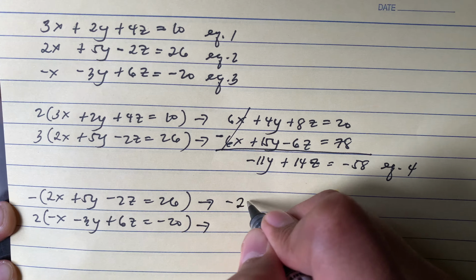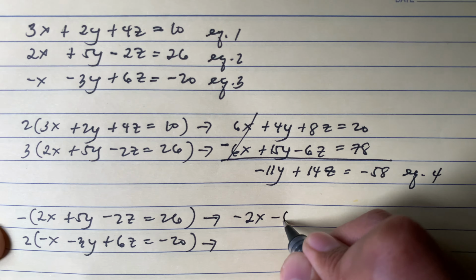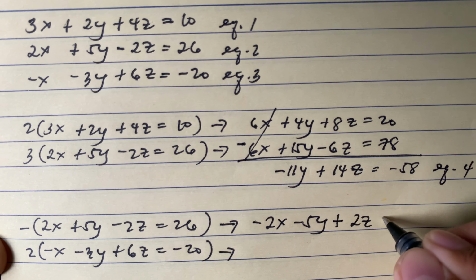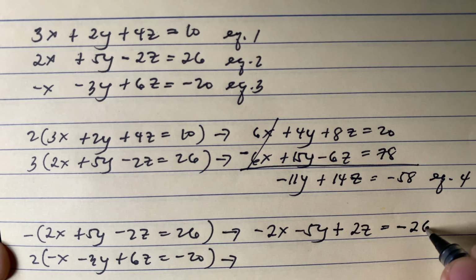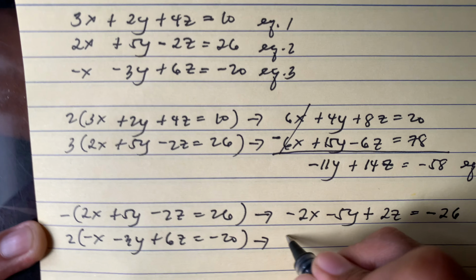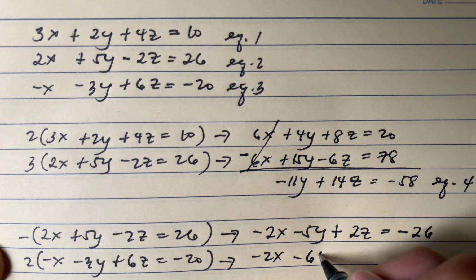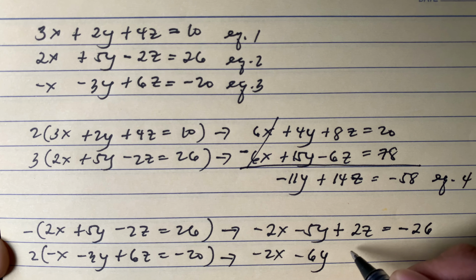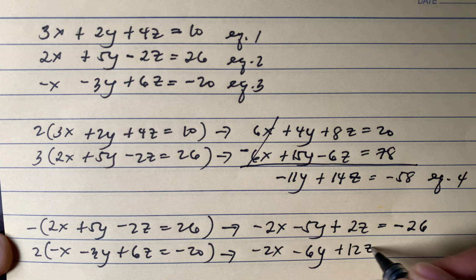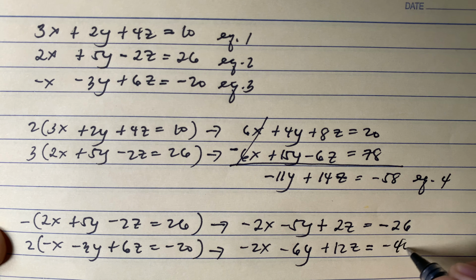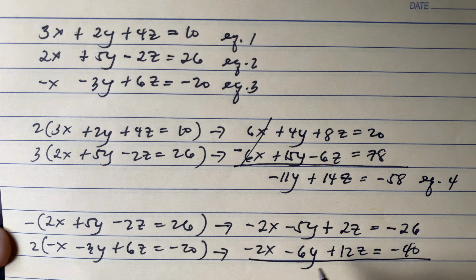So, we have minus 2x minus 5y plus 2z equals minus 26. Then we have minus 2x minus 6y plus 12z equals minus 40.